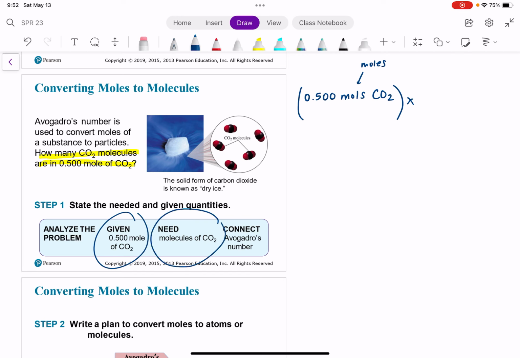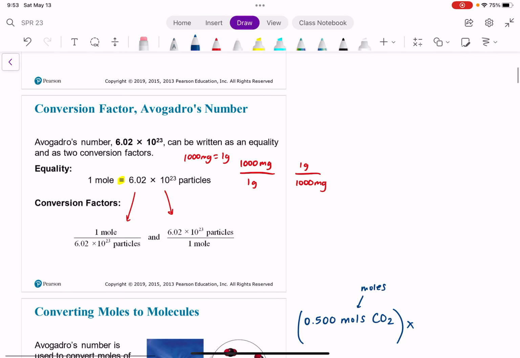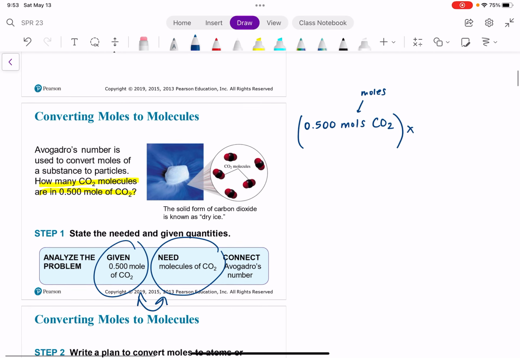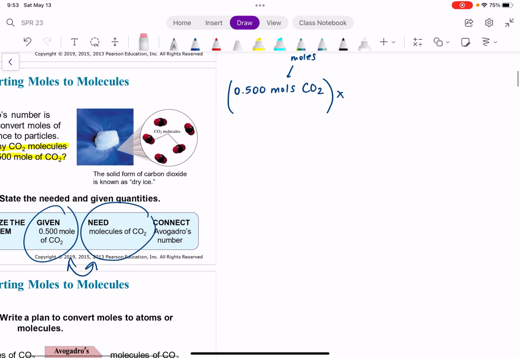Well, what unit or conversion factor do I have that connects these two things? Well, let's look up here. 1 mole of something is 6.022 times 10 to the 23rd something. So let's see. What if we use Avogadro's number to connect these two things? And that's exactly what we're going to do.